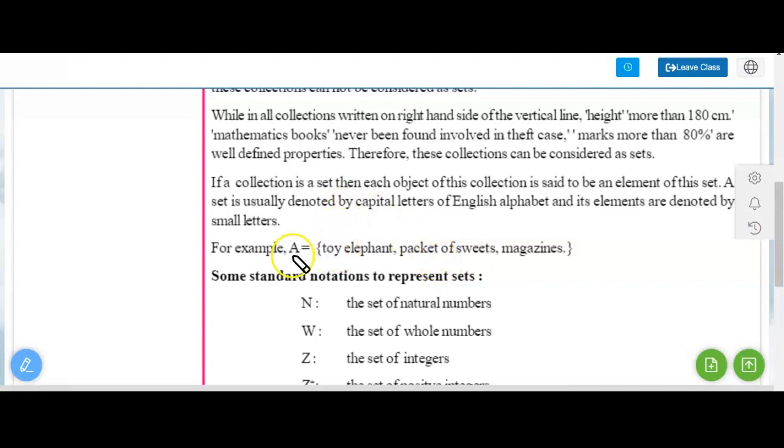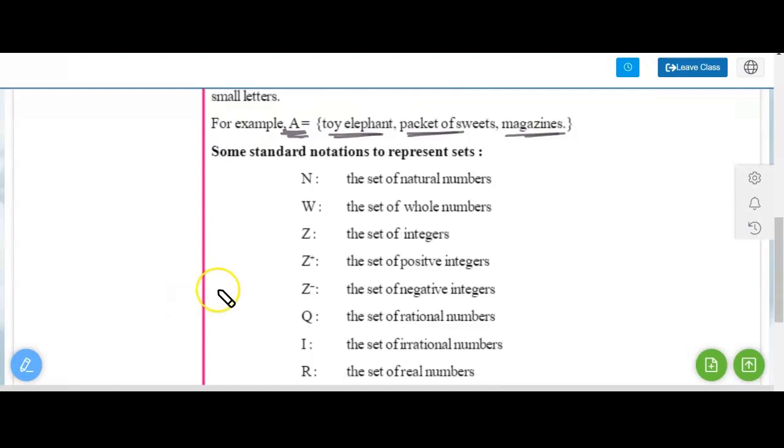They are usually denoted by a capital letter, any capital letter, and the elements are denoted by small letters separated by commas and placed inside a curly bracket. This is how a set is represented.